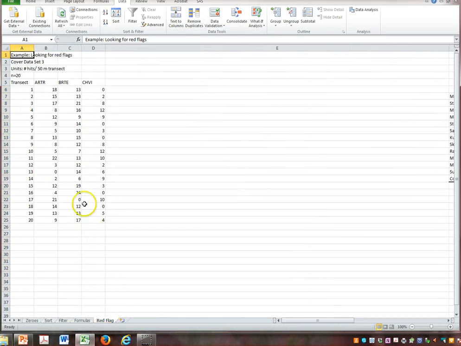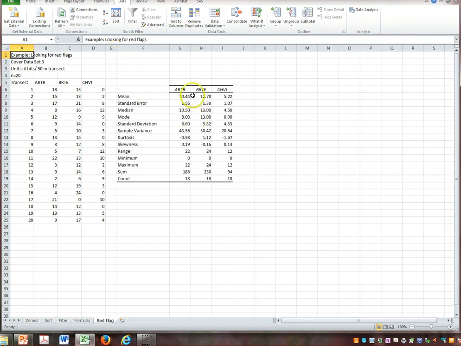Here we have a data set of cover data that are the number of hits per 50-meter transect, and there are 20 transects and 3 species that were observed. We've already done the data analysis, and I'm going to pull that over now, and we can see that we've got mean values, standard error, standard deviation, etc.